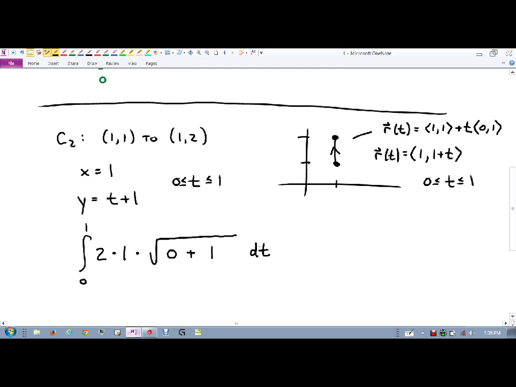So it's just a 1 there, isn't it? This is the integral from 0 to 1 of 2 dt. And that's going to require a very advanced technique of integration. So take your time on that. Don't get a headache. You take the two answers, you put them together, right?